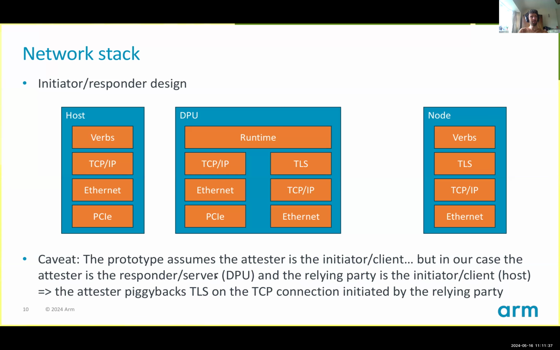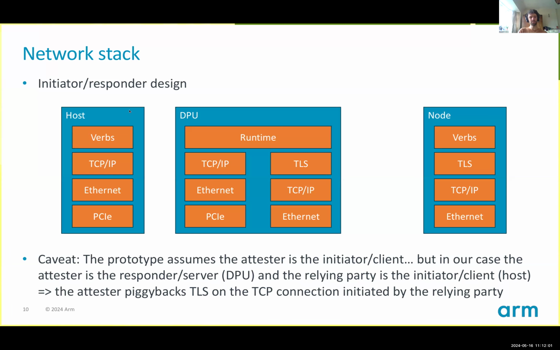Basically, initially, it was meant for an IoT use case where the IoT device was the relaying party, and the edge device or the cloud device was the attester. So I thought that the prototype was assuming that the attester was the initiator/client. But in our case, it's actually the opposite.